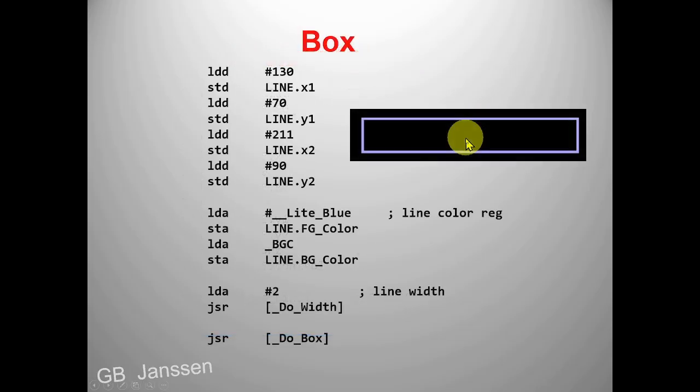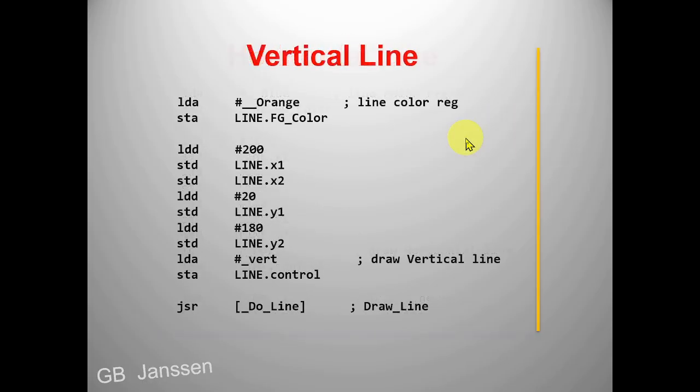This is test only, so that'd be 200 pixels in for X1, and X2 would also be 200 pixels in. For Y1 we use 20, coming down about 20 pixels from the top, and 180 for Y2, which would be down about there.